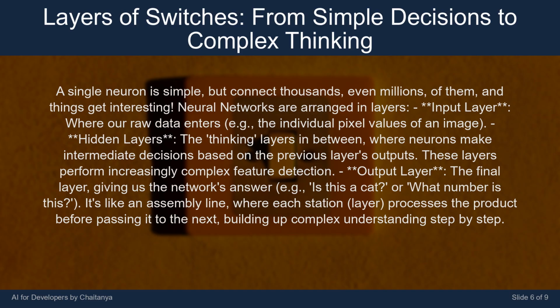These layers perform increasingly complex feature detection. Output layer, the final layer, giving us the network's answer. E.g., is this a cat? Or, what number is this? It's like an assembly line, where each station, layer, processes the product before passing it to the next, building up complex understanding step by step.